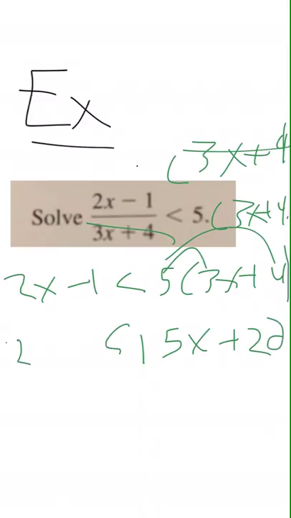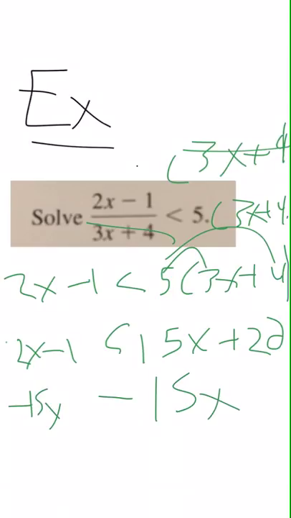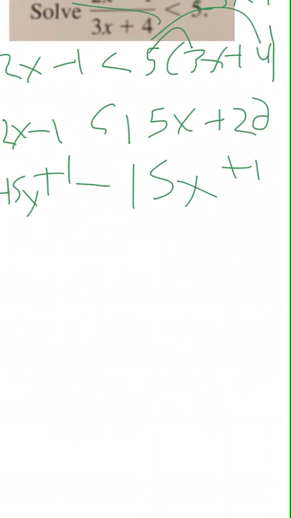And on the other side, bring down your 2x minus 1. So now if we solve this inequality by subtracting 15x from both sides, and also adding 1, we have, well, the negative and positive 1 cancel out, and the positive and negative 15x cancel out.